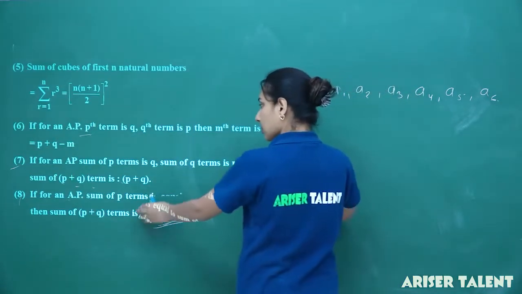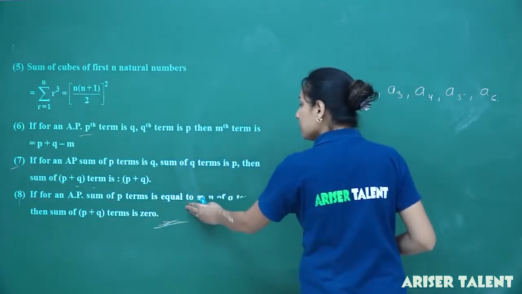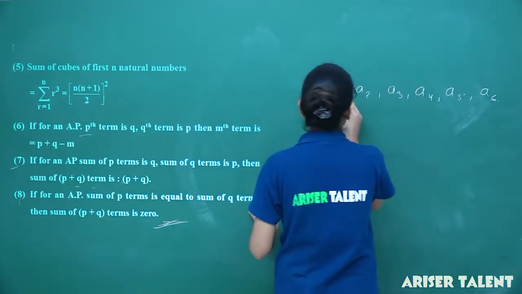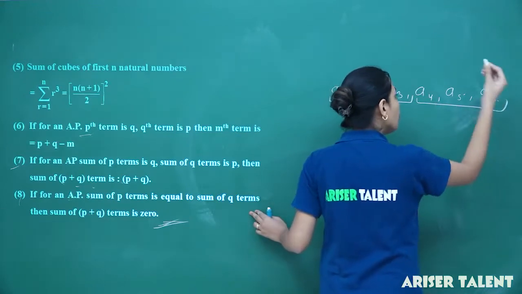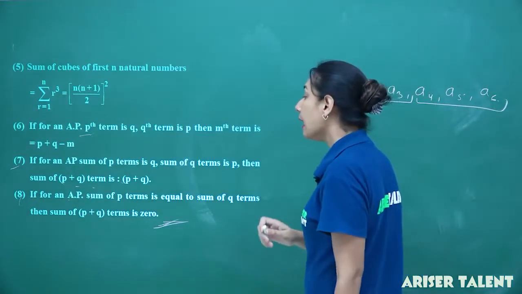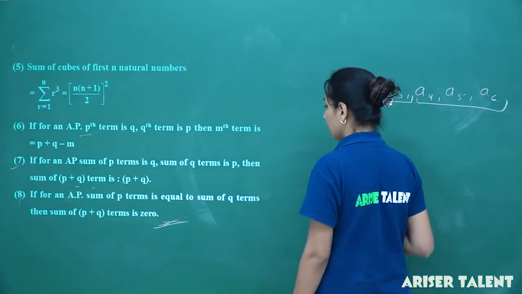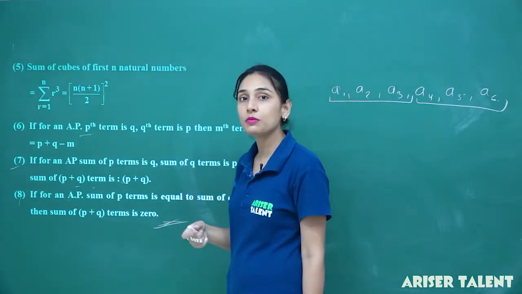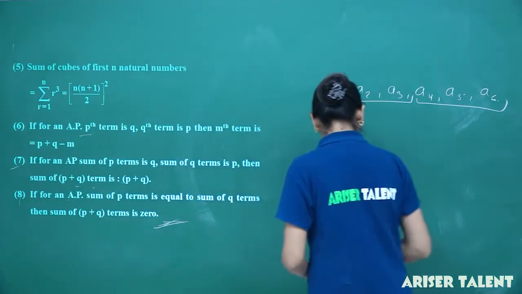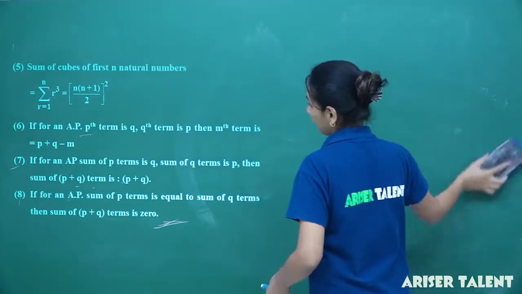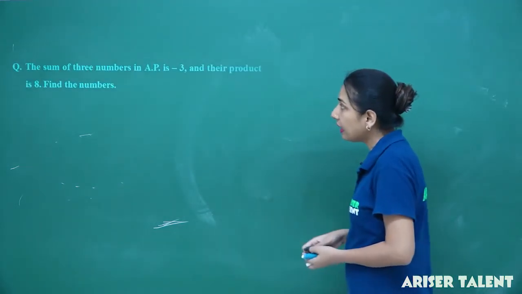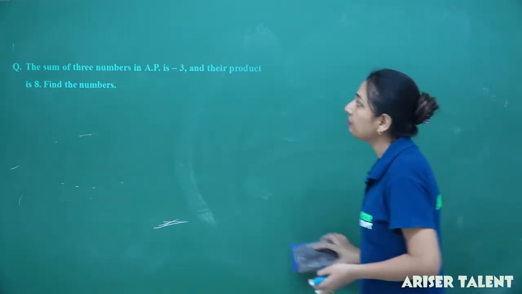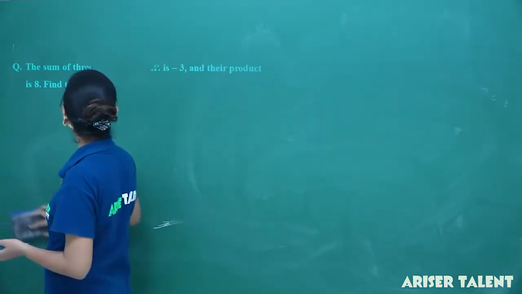Then the sum of p plus q terms is what? 0 here. Okay. Right, students? After that, we have a question in which we have the sum of 3 numbers.